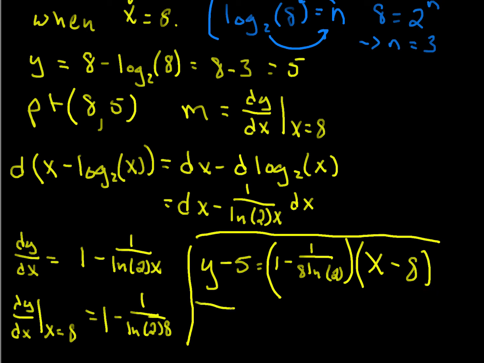And there is the equation of our tangent line. I know it looks kind of unattractive because our slope is this irrational number, but without getting an estimate, that's as good as we can get. And it's exactly what I want.